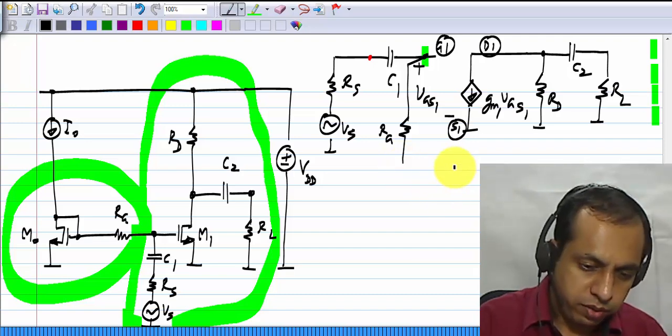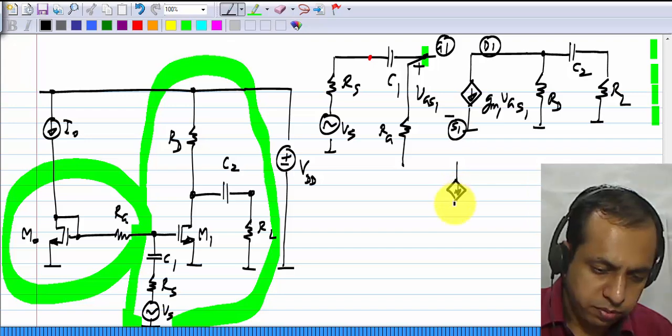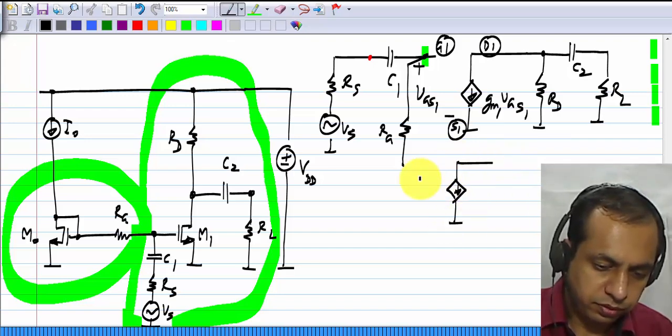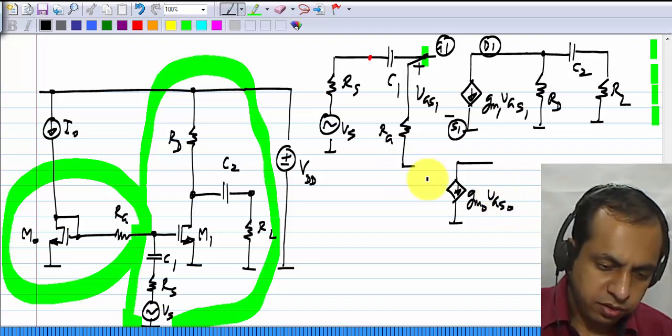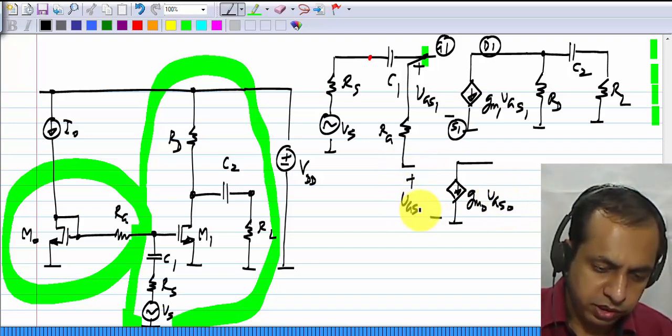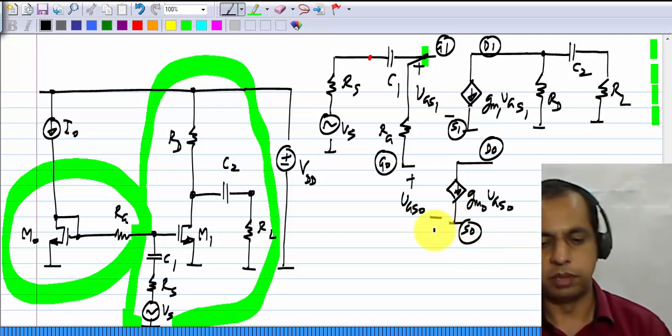Now I will have the transistor M0. So I have GM0, VGS0, where this is VGS0, and this is the gate of transistor M0, drain of transistor M0 and source of transistor M0.